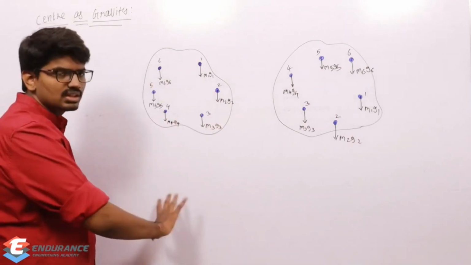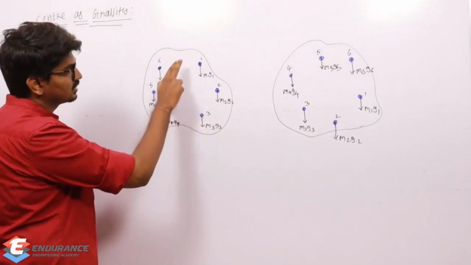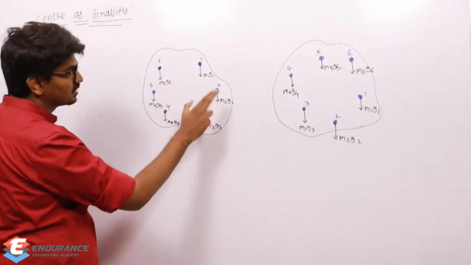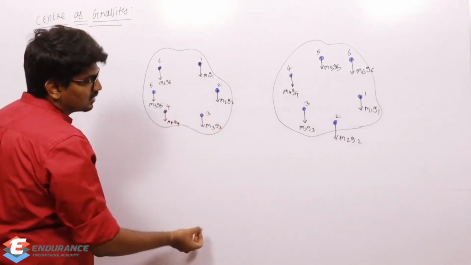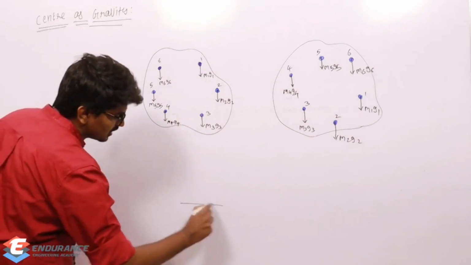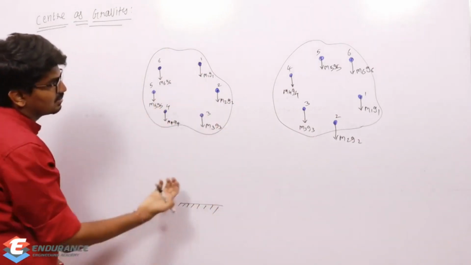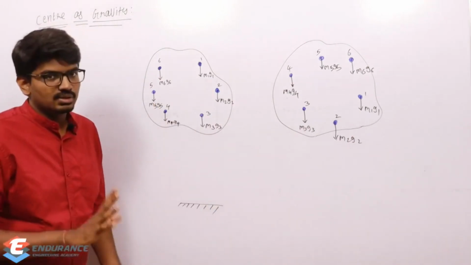I'm not worrying about the ground or the earth. These masses are subjected to gravitational forces acting downwards, towards the ground. The earth pulls each and every mass with a value equal to that mass into acceleration due to gravity.